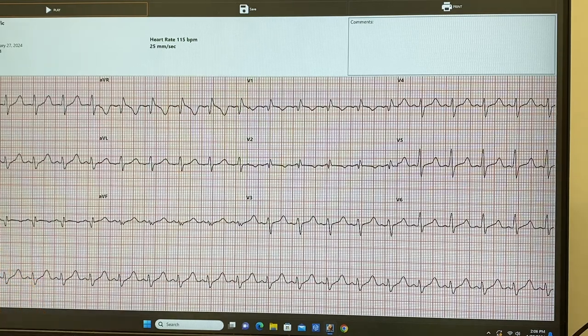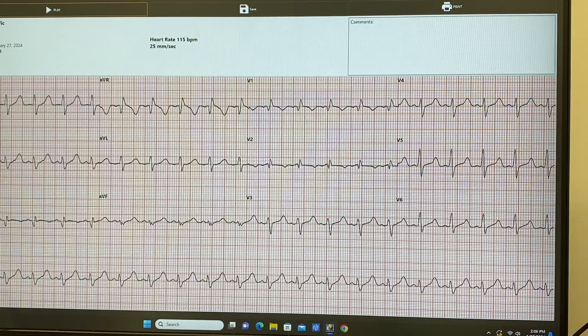Okay, so it's a slight range. I'm counting 5 small boxes in between, sometimes 4. Where are you counting? I started from here. For example, this is our R. Where's the next QRS complex after that one?